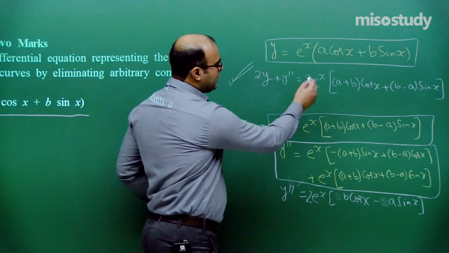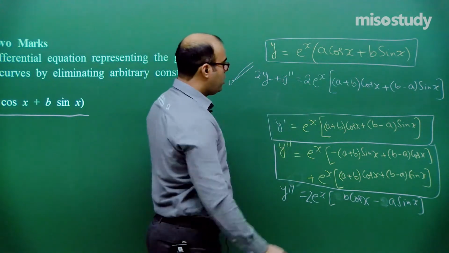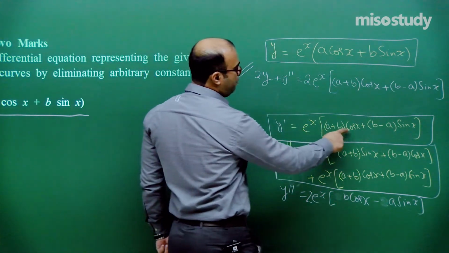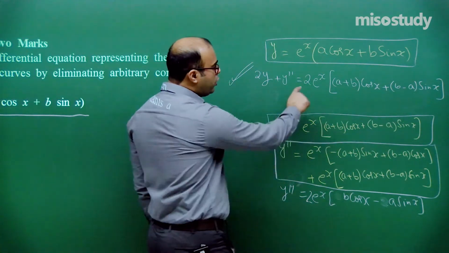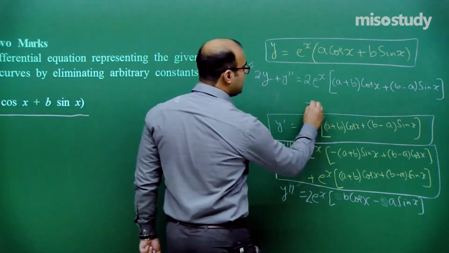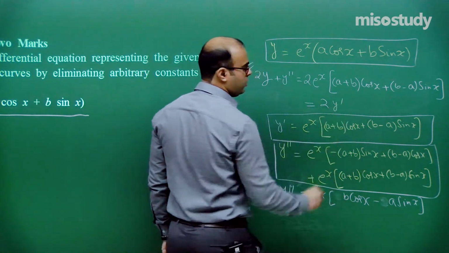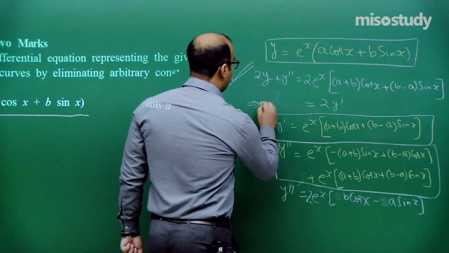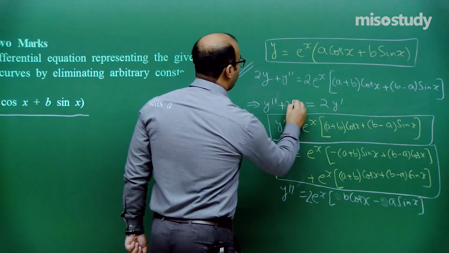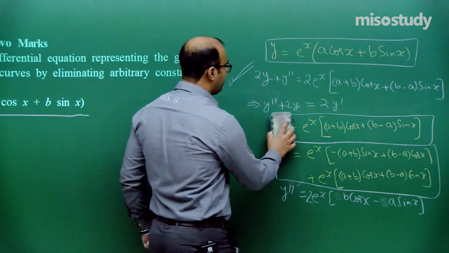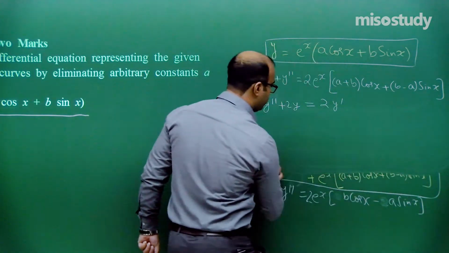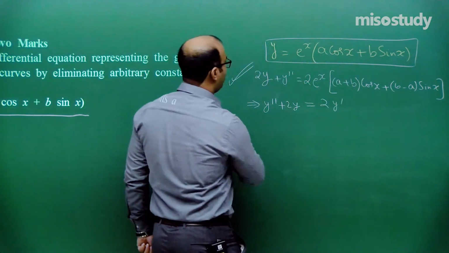And if you analyze this particular function over here, this is e to the power x a plus b cos x plus b minus a sin x, same as y dash. Here only 2 is multiplied. So you can say this is nothing but 2 of y dash. Then that means that y double dash plus 2y is equal to 2 times y dash. So finally, let us erase all these calculations now, as we have formed the differential equation.